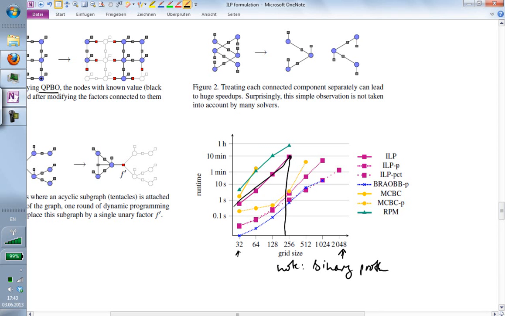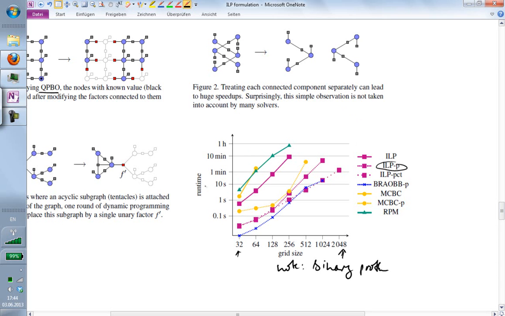And now if you use the first trick that I showed, of partitioning into disjunct parts, then you hit the 10-minute barrier only for much larger images. And if you take all tricks that I've mentioned together, then you actually get this graph here. And note, of course, that the scale here is exponential. So if I extrapolate linearly, you wouldn't want to spend years waiting for your ILP solver, provided it doesn't run out of memory, which it will do before that.